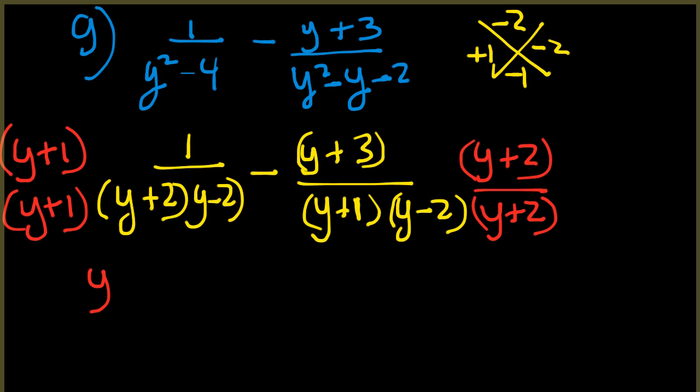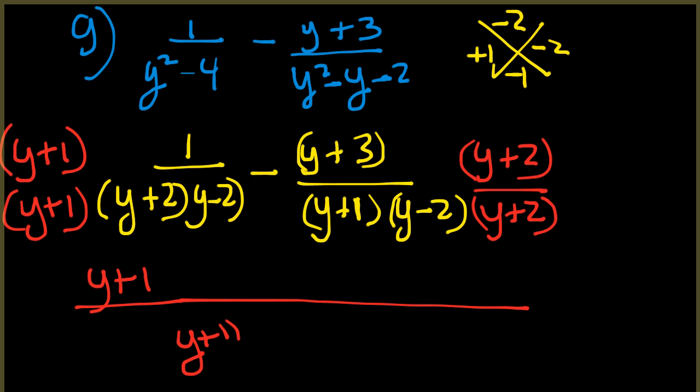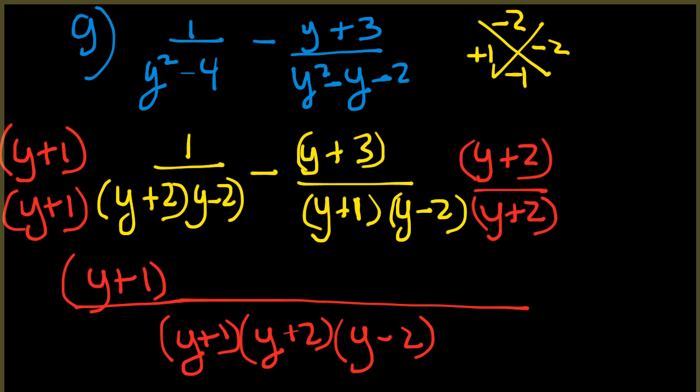So now what we get is y plus 1 all over, the common denominator is y plus 1 times y plus 2 times y minus 2. And I write everything out in the numerator. Y plus 1 times 1, which I don't really need to write because it's not going to do anything, minus y plus 3 times y plus 2.